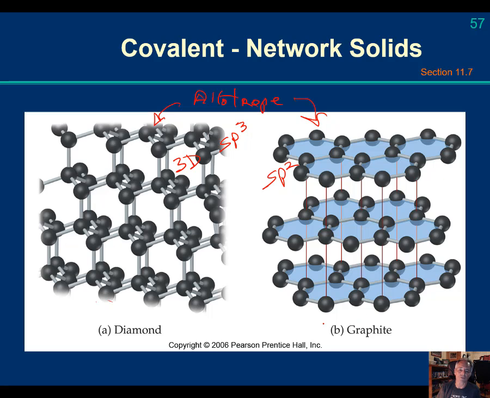When you write with your pencil, as your pencil moves across the page you're simply sloughing off these layers of graphite, and that is what's making the image from your pencil. All right, so those are types of covalent network solids.